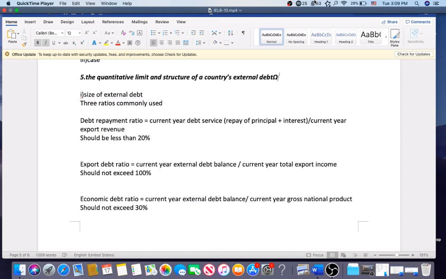The marginal cost of the external debt is the increment of national income transferred to the lender for each additional unit of external debt used.